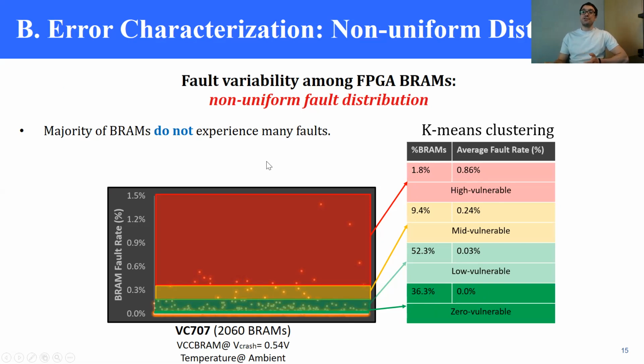If there is, let's say, critical data, we can locate it here, and if there is less critical, normal data, we can locate it there. So this observation can be a source of very good, efficient fault mitigation through smart data mapping, I would say.